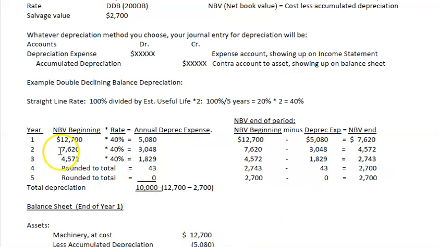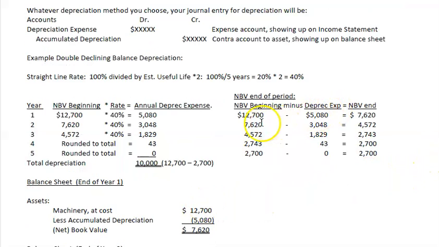So in year one, we take our cost of $12,700 times our rate, and that's $5,080, which is our annual depreciation expense for the journal entry for the first year. At the end of the first year, 12,700 minus 5,080 gives us a net book value of $7,620.